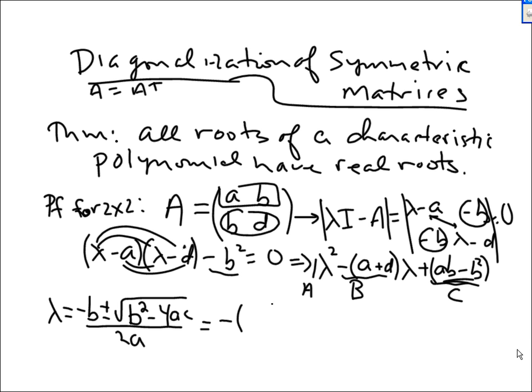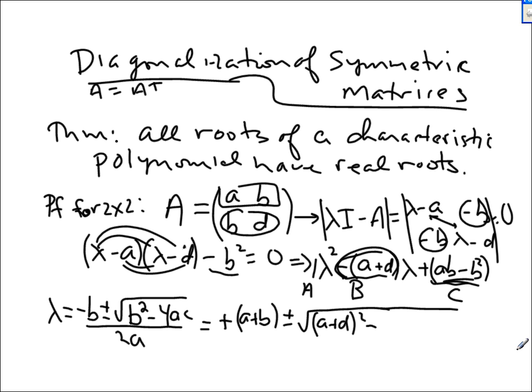Negative b. Well, b is negative (a plus d). With a negative in front, it becomes a plus d. Plus or minus the square root of b squared. And when you square negative (a plus d), you get the same as what you get when you square a plus d.